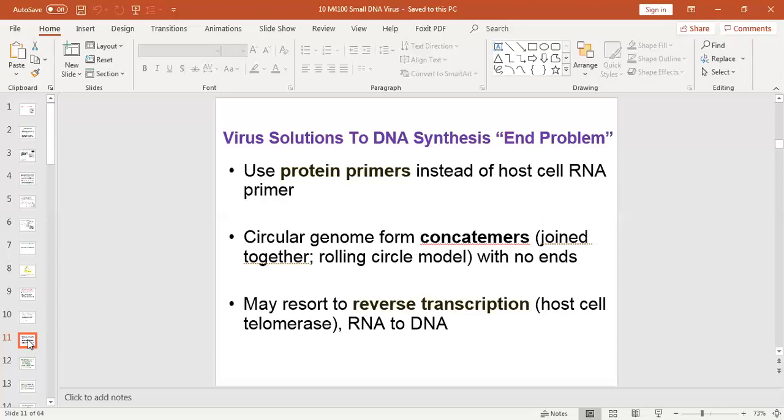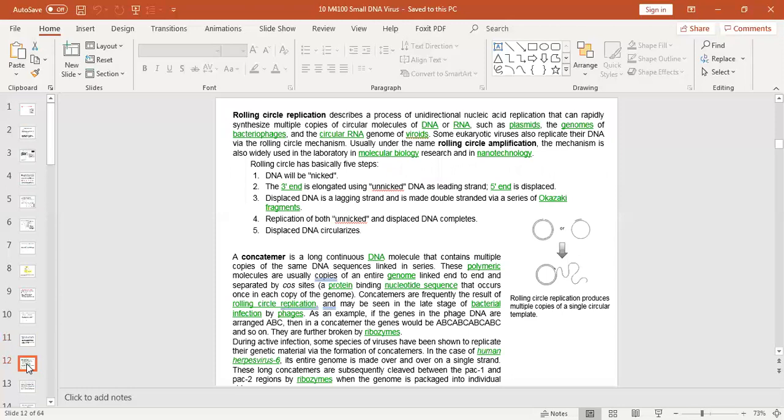So in order to overcome that, we form concatemers that have no ends, and we join these concatemers together through the process of the rolling circle model. The third solution is to resort to reverse transcription. Host cell telomerase will convert RNA into a DNA molecule. Moving on to slide number 12.